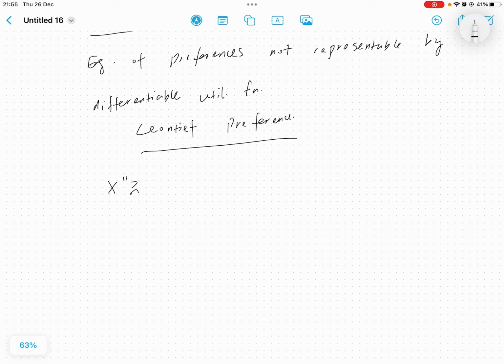For x double prime weakly preferred to x single prime, if and only if we have the minimum of x1, x2 double prime greater than or equal to the minimum of x1, x2 single prime. Here again we assume this is in two-dimensional positive real numbers.